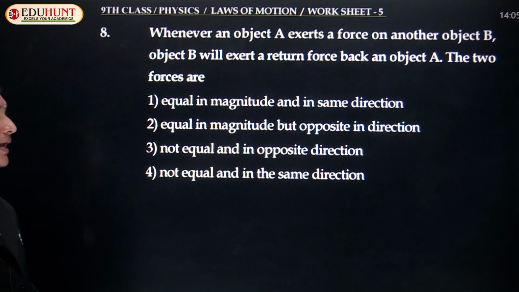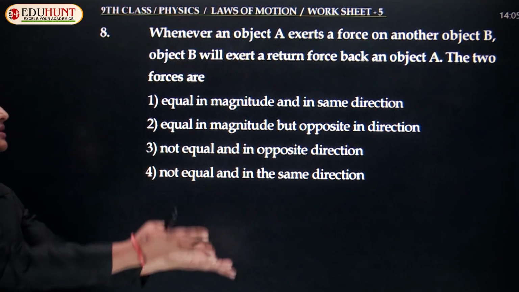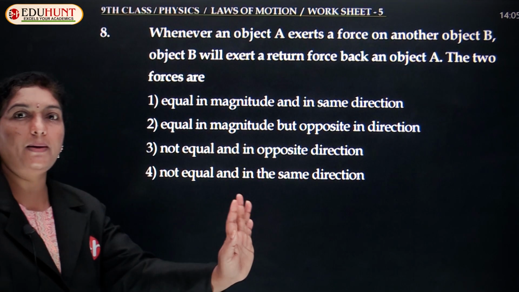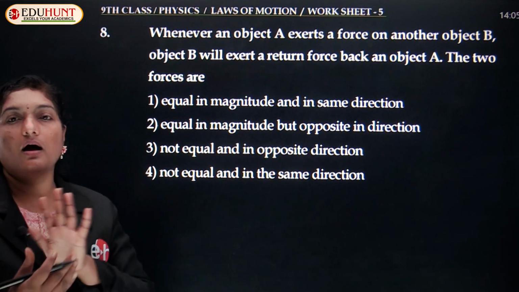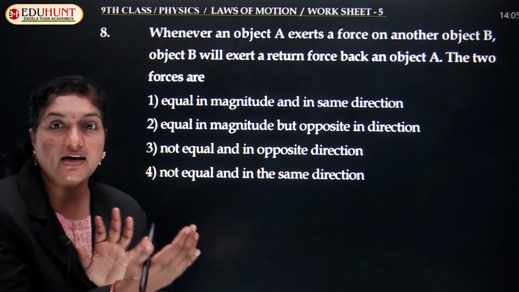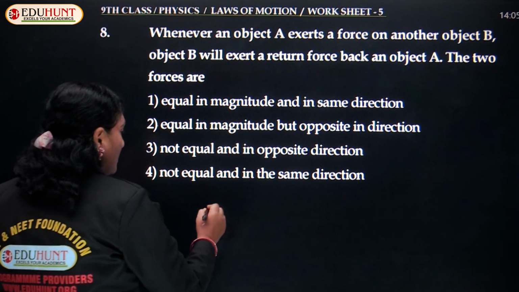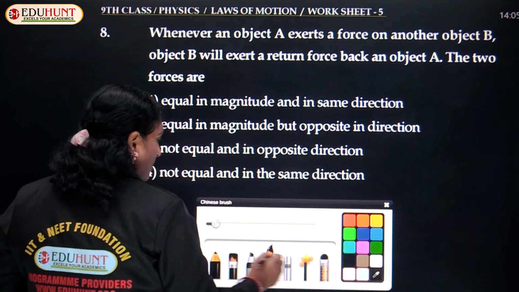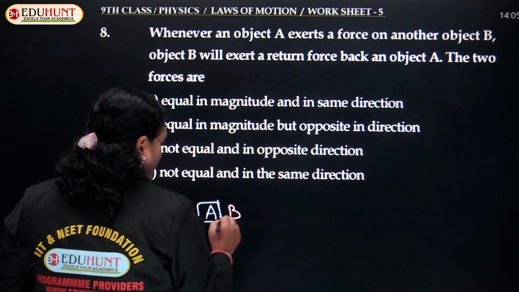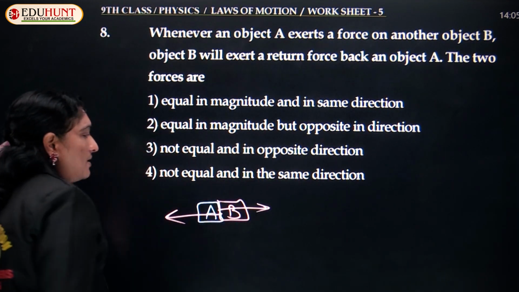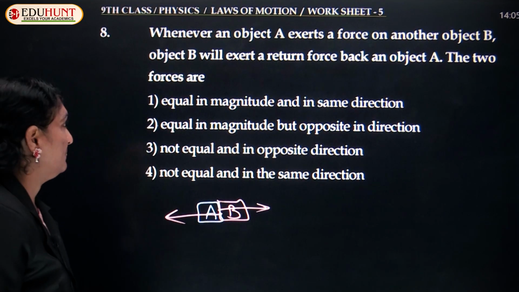Whenever an object A exerts a force on another object B, B will also exert a return force back on object A. The two forces are, how are they? A on B, B on A. Both are equal and opposite to each other. This is your A and here is your B. If A exerts a force like this, B exerts a force in the opposite direction.